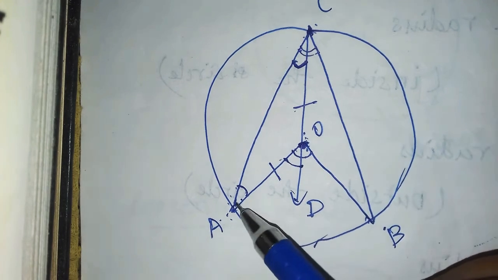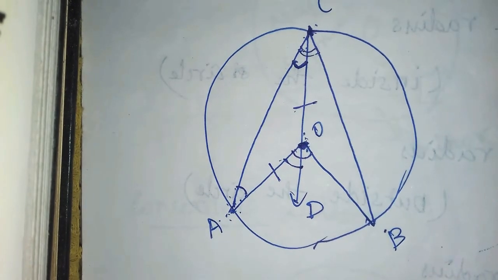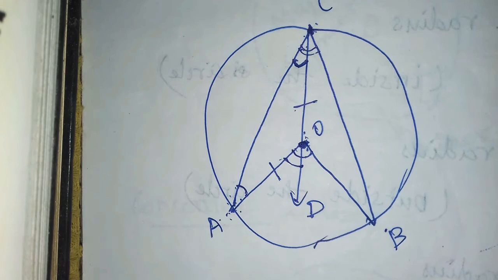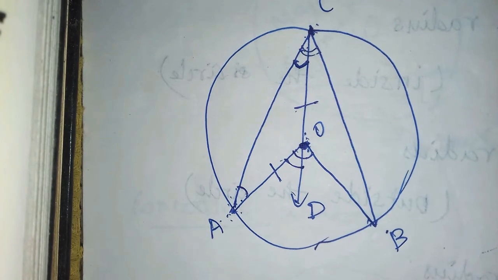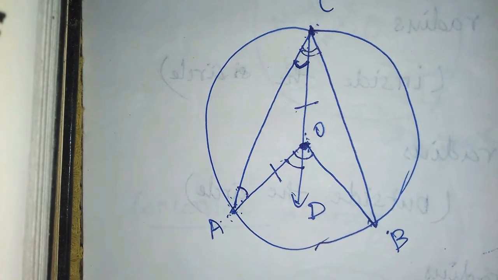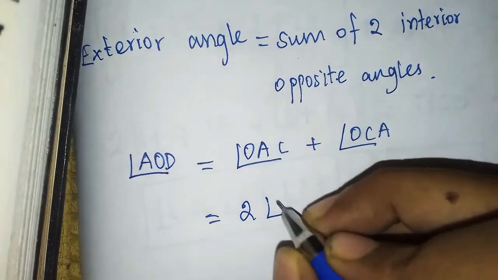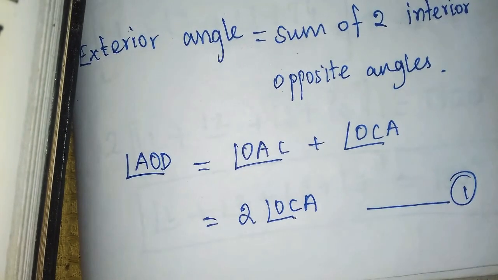Now we know that these two angles are equal. So what can we write? Angle OAC plus angle OCA, we can write as 2 angle OCA. Can we write like that? Yes, we can write. Equal to 2 into angle OCA. Keep this as equation 1.